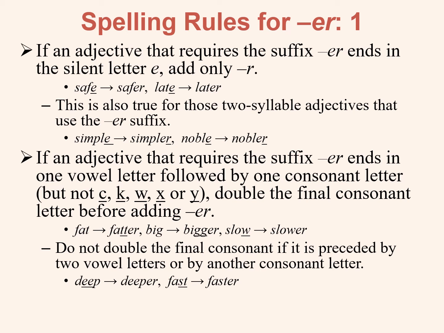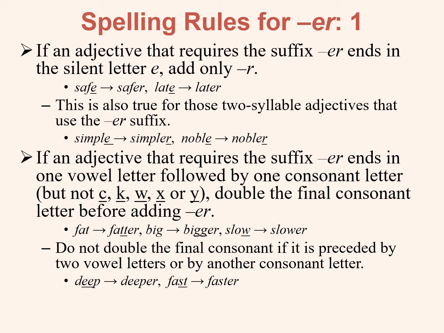We double the T. Big, we have a single consonant letter preceded by a single vowel letter. We double the G. Slow, we have a single consonant letter preceded by a single vowel letter, but it's one of those letters that we do not double. So in the case of slow, we just leave the one W.